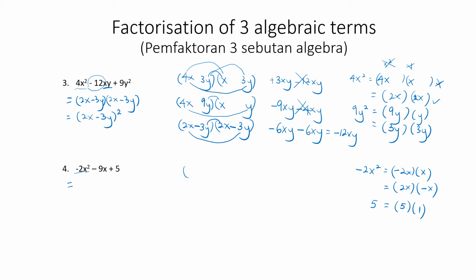Then I try with the first, negative 2x and x, and then 5 and 1. So I can try with 1, 5, so that when I do expansion, 5 times 2, I have 10x, and this is negative 10x, and I have x.